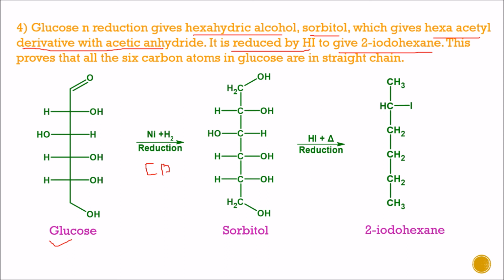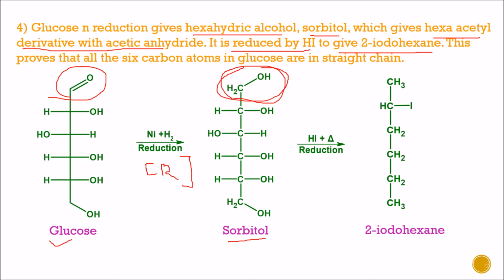After reduction, terminal CHO group is reduced and forms CH2OH. So both the ends of glucose molecule have hydroxyl group. All the 6 carbons have hydroxyl group, which forms hexahydric alcohol, known as sorbitol.